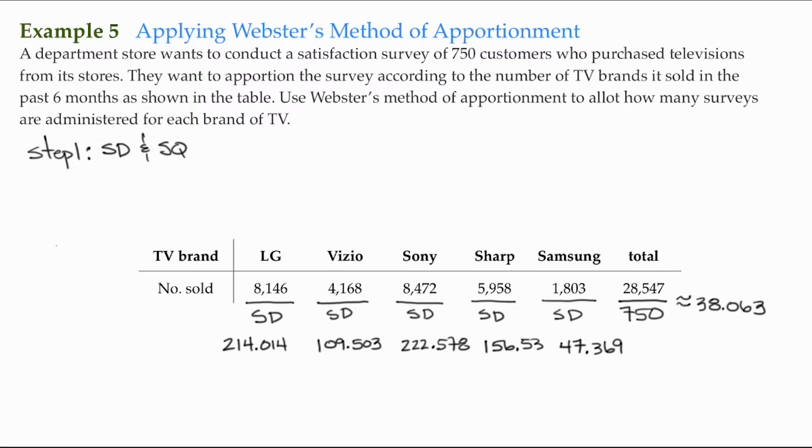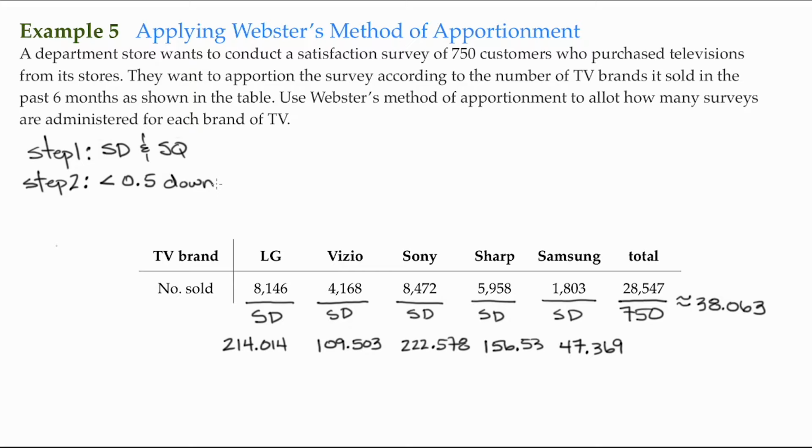Now this is where Webster's method differs. So for step 2, for both the Hamilton and the Jefferson method, using the quota rule, they round down to the nearest integer. For Webster's method, when the fractional part is less than 0.5, round down.